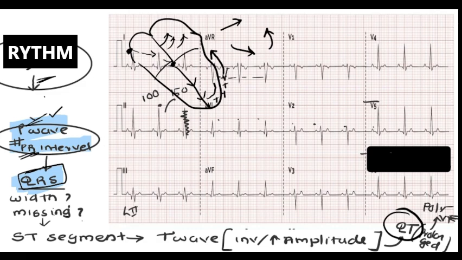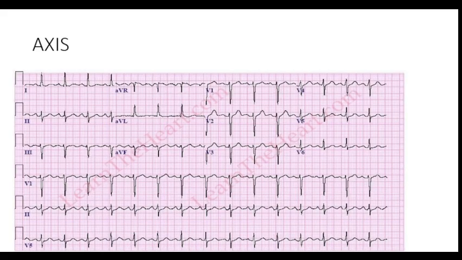Let's look at an ECG and see. Okay, so just ignore this part as of now. We'll discuss axis. If we look at this ECG, first we will check whether the rhythm is regular or irregular.